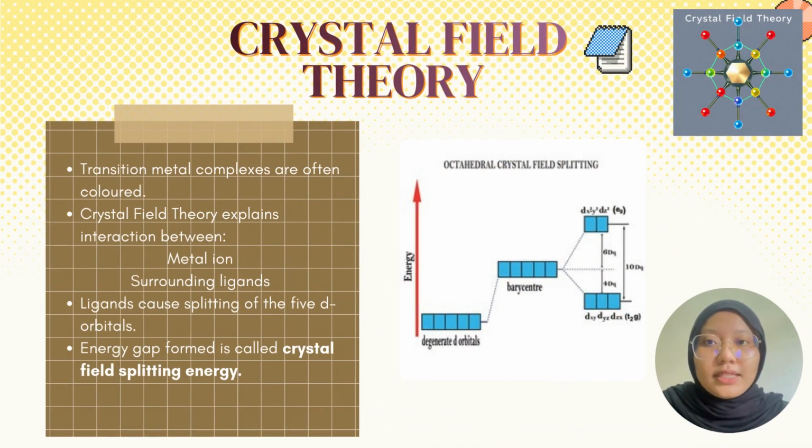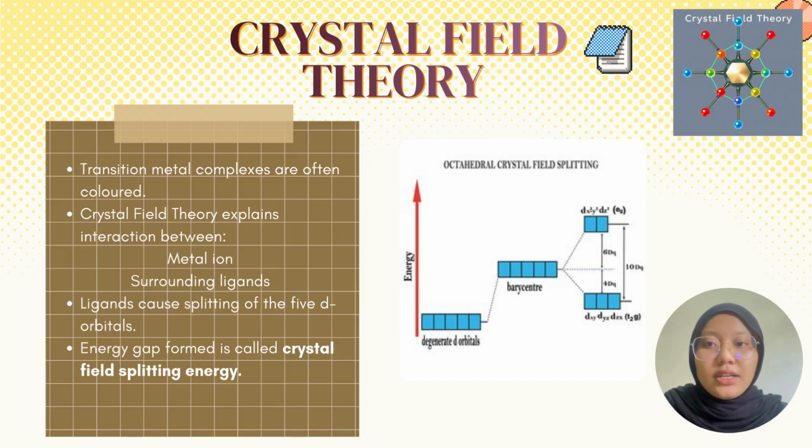Transition metal complexes are well known for their bright and varied colors, such as blue, green, and yellow. The origin of these colors can be explained using crystal field theory. According to this theory, when ligands surround a transition metal ion, electrostatic repulsion occurs between the ligands and the d electrons of the metal ion.